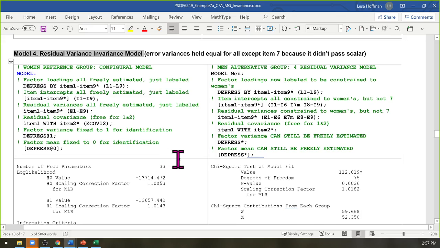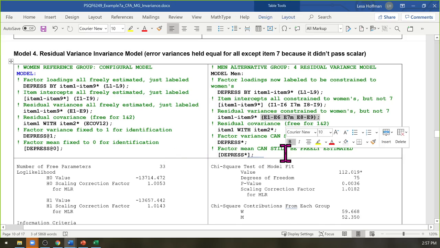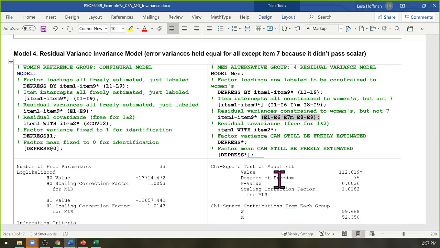And algorithmically, we do the same thing by adding the constraints over on the residual variance line that map the alternative group's parameters onto the reference group's parameters. However, by convention, the way that we approach this is like a single elimination tournament. Because item 7's intercept was kicked out of the tournament, we're not testing the residual variance for it.